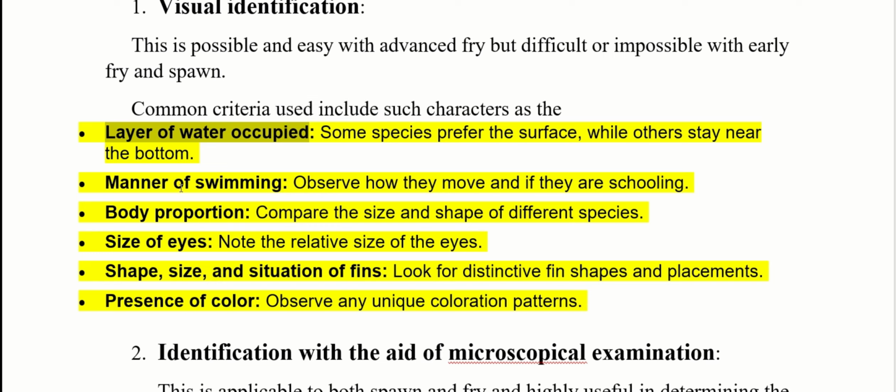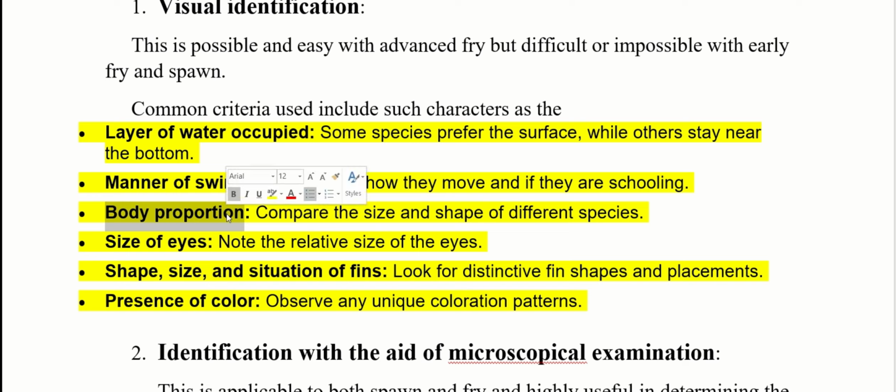Manner of swimming: observe how they move and whether they are schooling. With the help of that, we can also identify particular fish spawn or fry. Body proportion: compare the size and shape of different species.